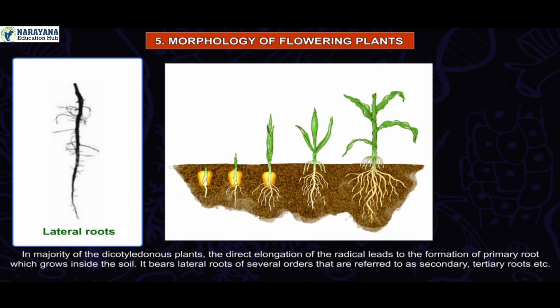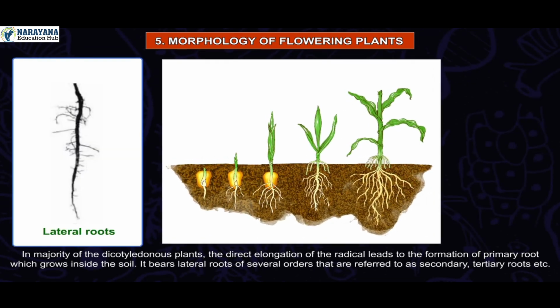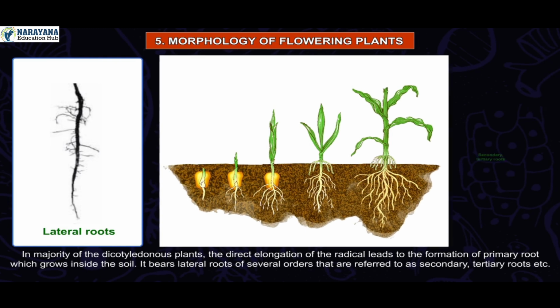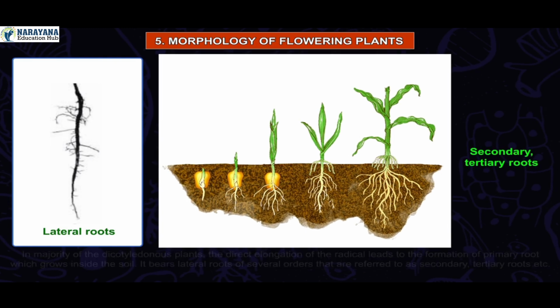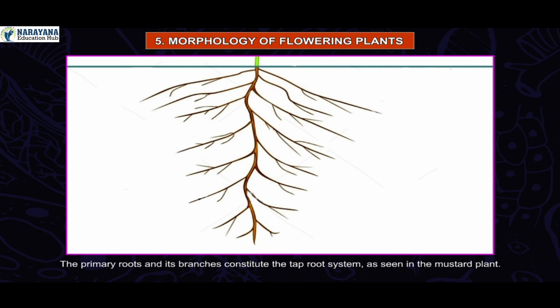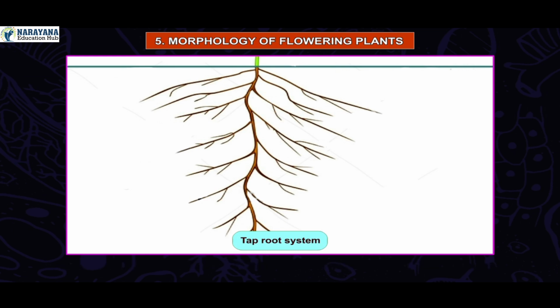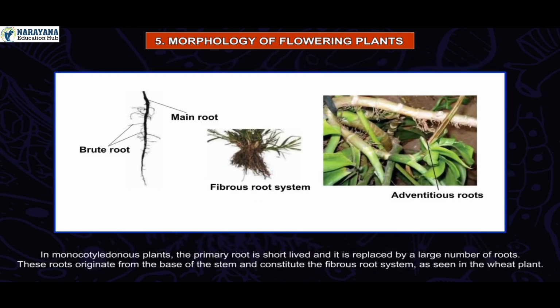It bears lateral roots of several orders that are referred to as secondary, tertiary roots, etc. The primary root and its branches constitute the taproot system, as seen in the mustard plant. In monocotyledonous plants, the primary root is short-lived and it is replaced by a large number of roots.